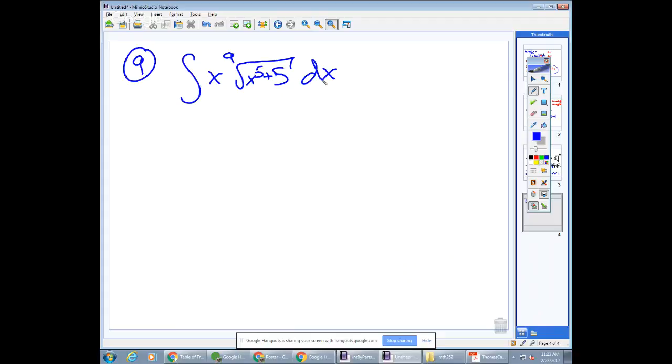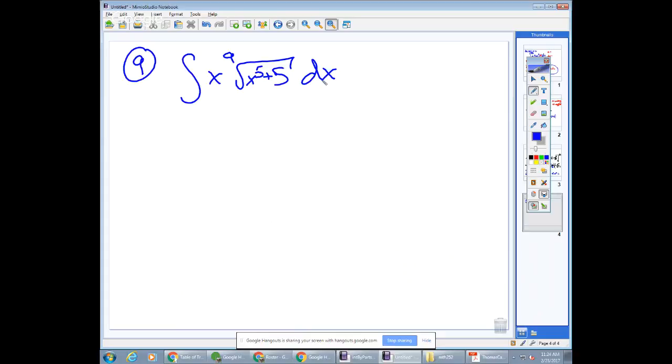Okay, so let's see. The first thing that comes to mind on this is that table version we did of e to the x and sine of x with polynomials, where we take the derivative of one over and over and the integral of the other over and over. That might help. Otherwise, are there any other algebraic tricks we can use here?